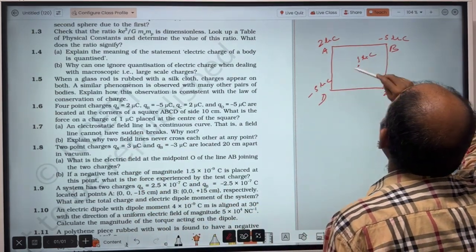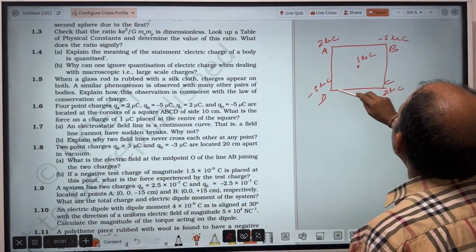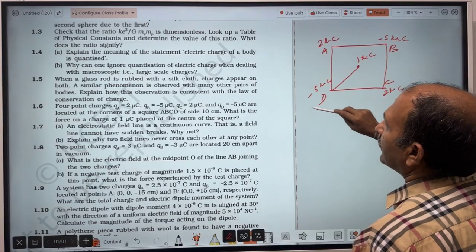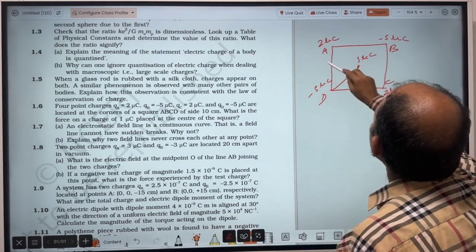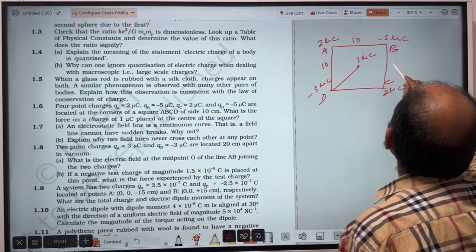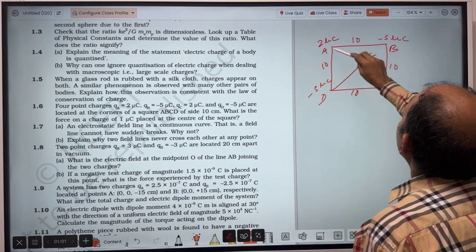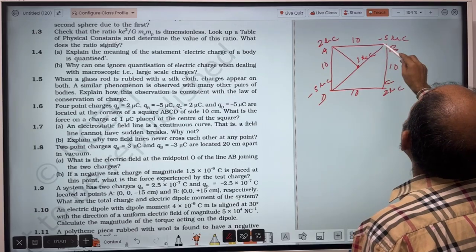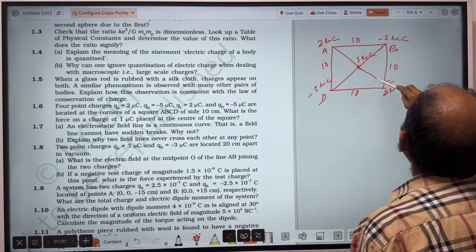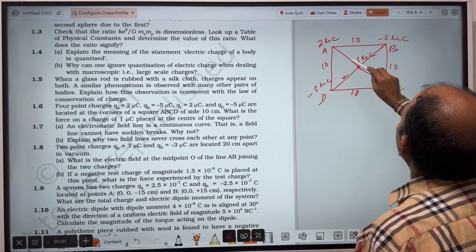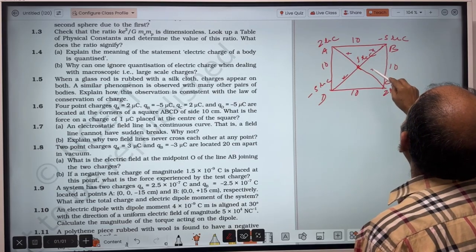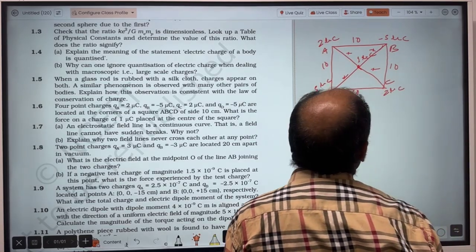Correct. Now, if you find this distance, the side is 10 cm, this is 10, this is 10, this is 10. So this point will be equidistant from all corners. This is x, this is x, this is x, this is x. How to evaluate x?